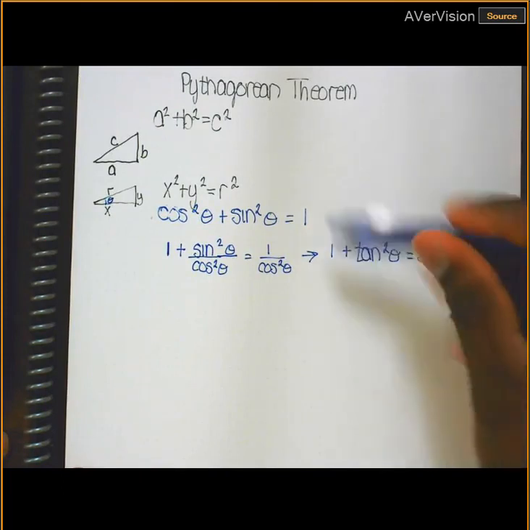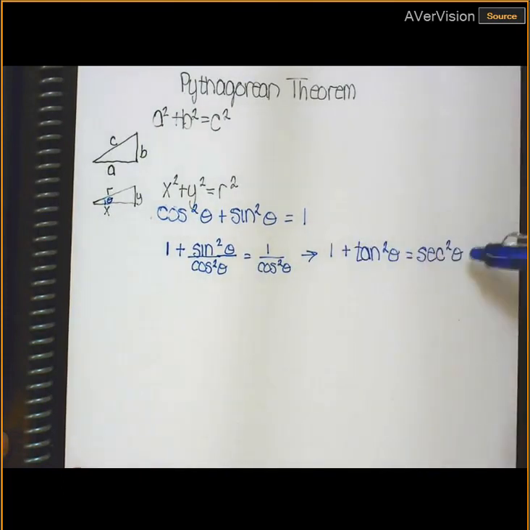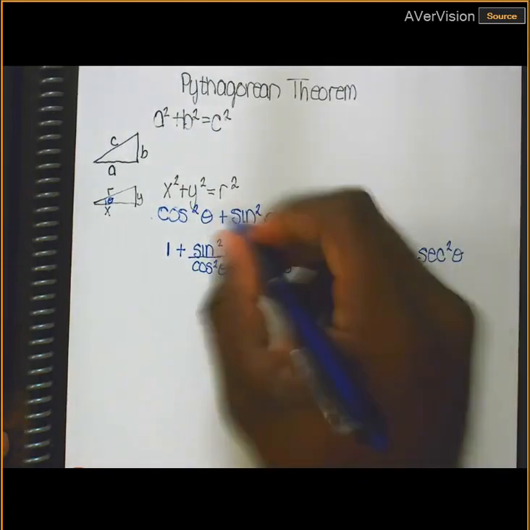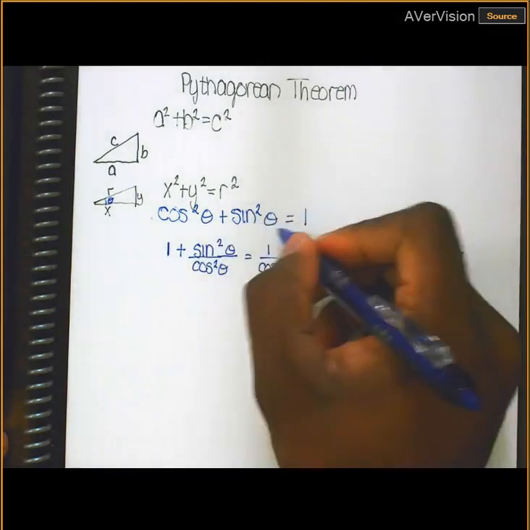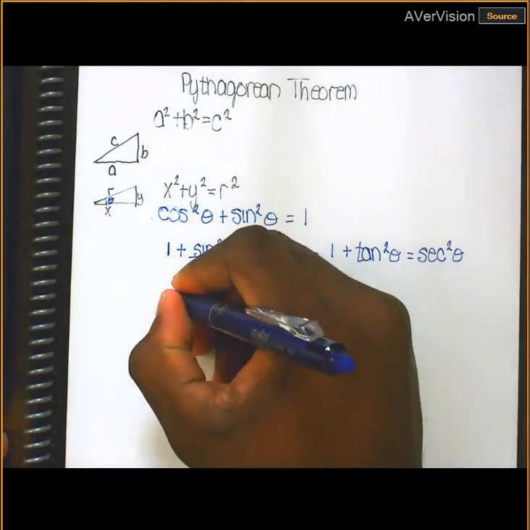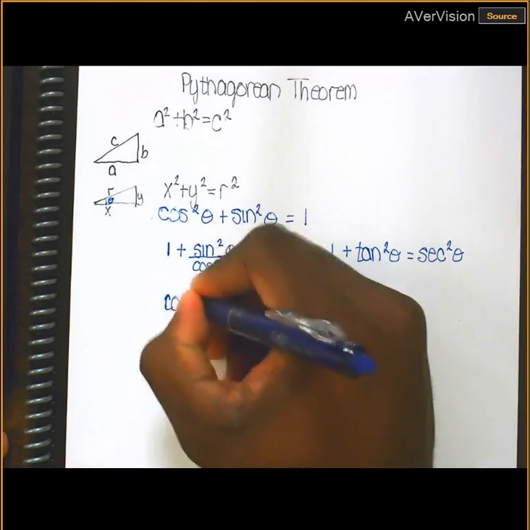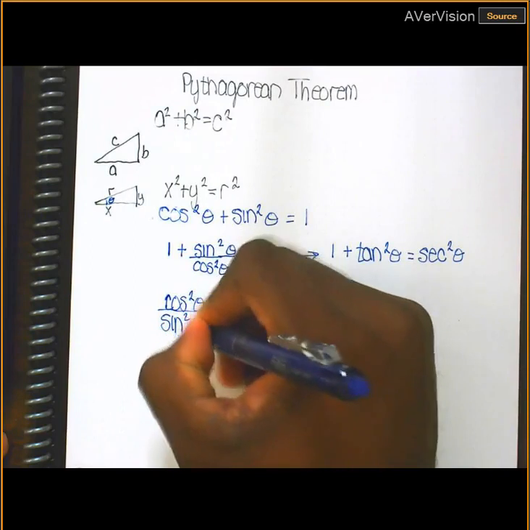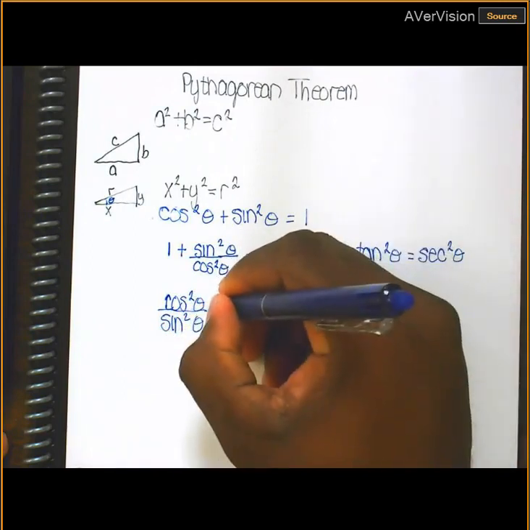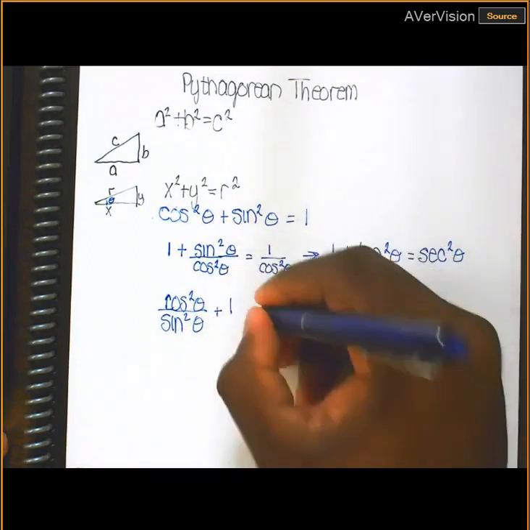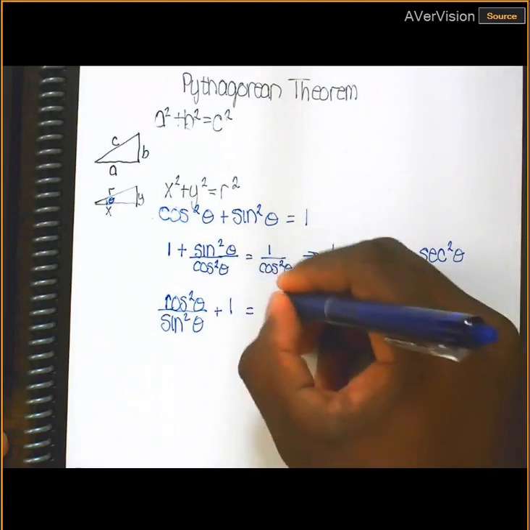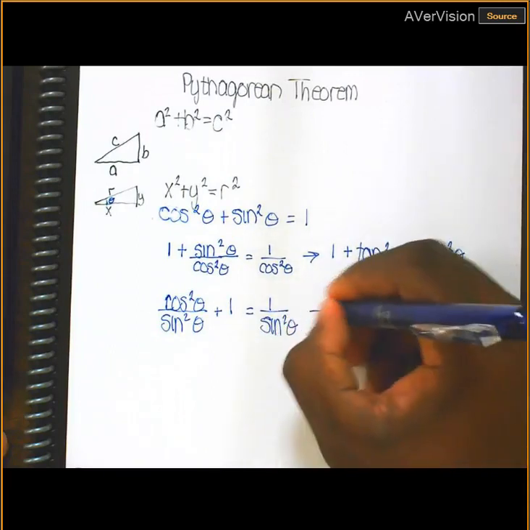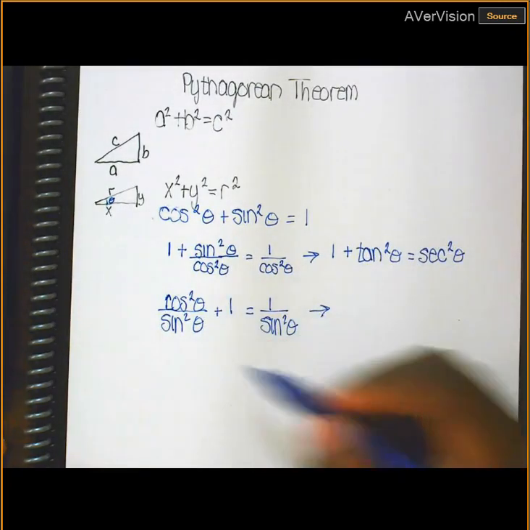Alright, so we took the original Pythagorean's theorem and derived another version of it. Now to find the third version, we have to divide everything by sine. So we have cosine squared divided by sine squared plus 1 equal to 1 over sine squared. What's cosine over sine?